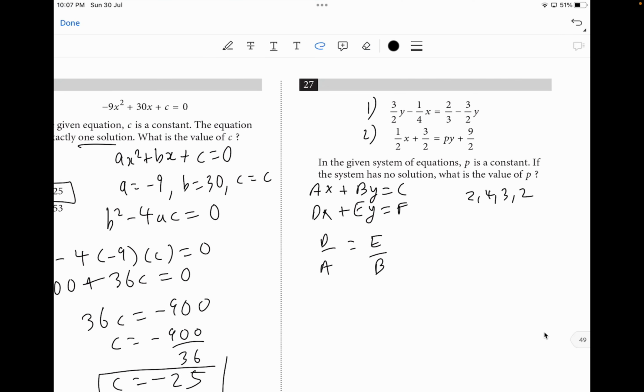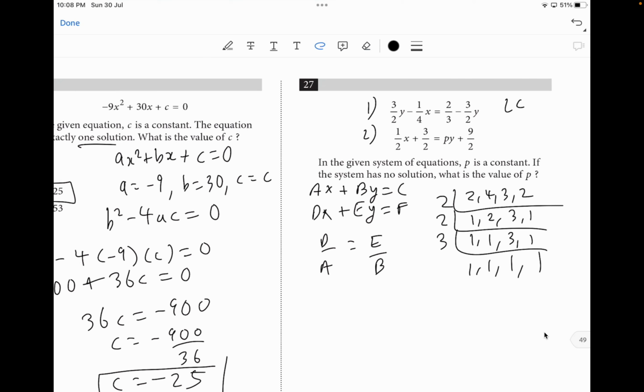Let me try the LCM method here. It's the lowest common multiple. The LCM here is 2 times 2 times 3, which gives you 12.